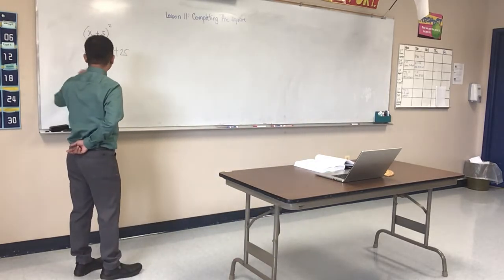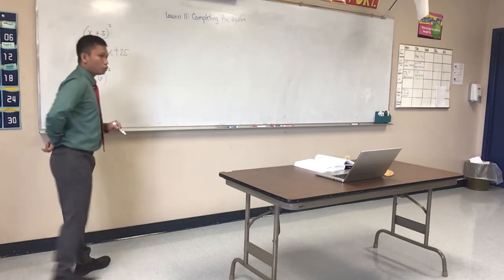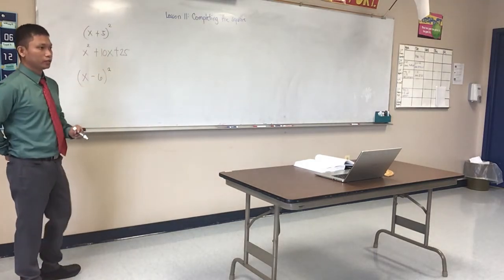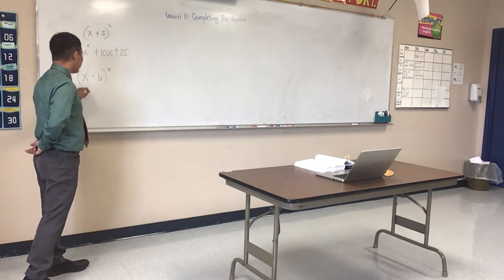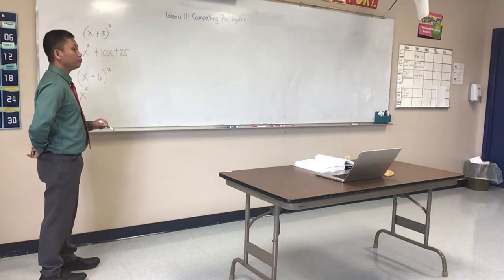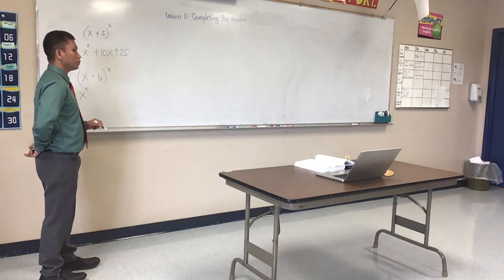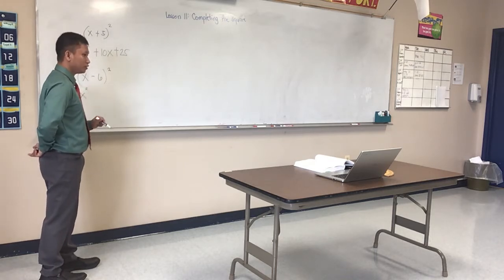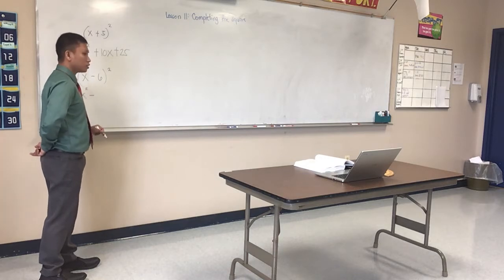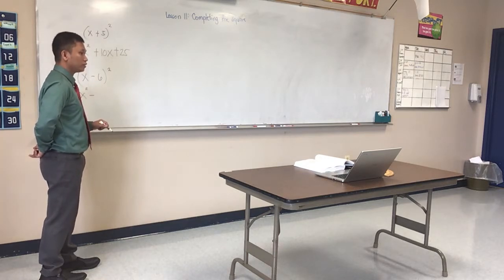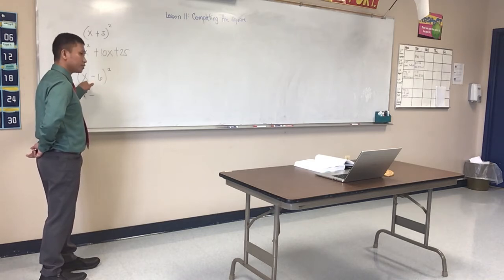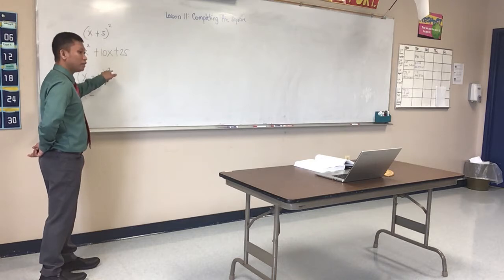How about this one? x minus 6 raised to 2. Sophia, what is the answer? It'd be x squared, and since we have x minus 6, it would be minus 12x, because we multiply 6 times x and then multiply by 2.